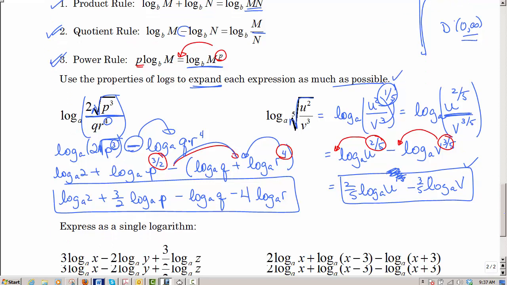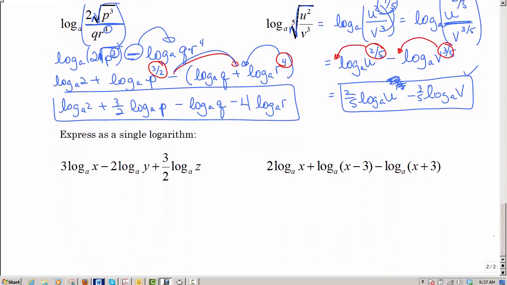Now we're going to go backwards. We're going to squeeze, kind of like an accordion. If you think about what we did on the last step, we took those exponents and moved them as coefficients. So since we're going backwards, any coefficients are now going to be written as powers.